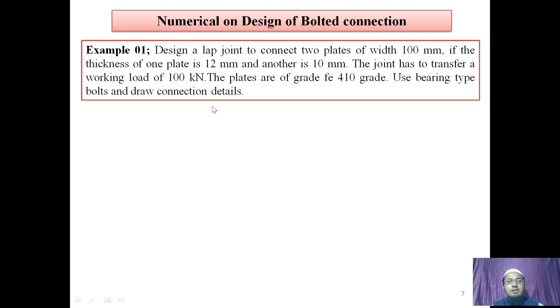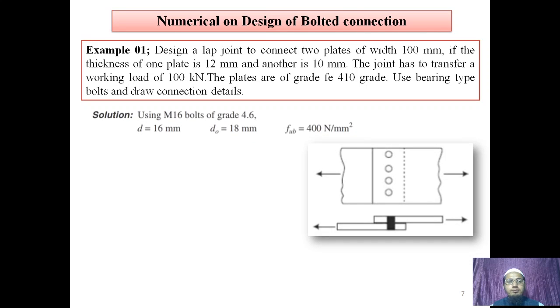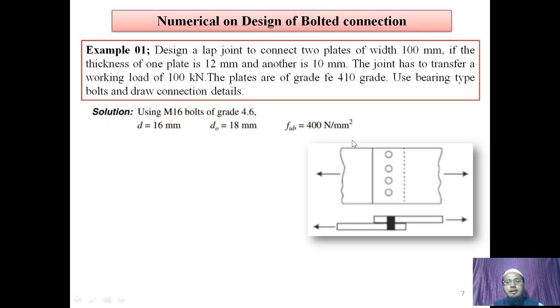At the end of the design we have to draw connection details. So first of all, let's assume the diameter of bolt as M16 of 4.6 grade. We know nominal diameter will be 16, diameter of hole will be 18, and ultimate tensile strength will be 400 Newton per mm square.